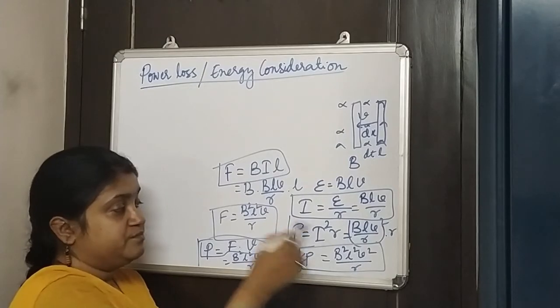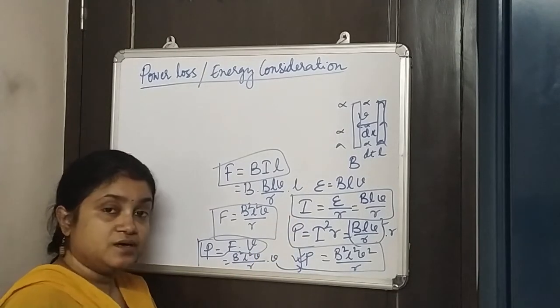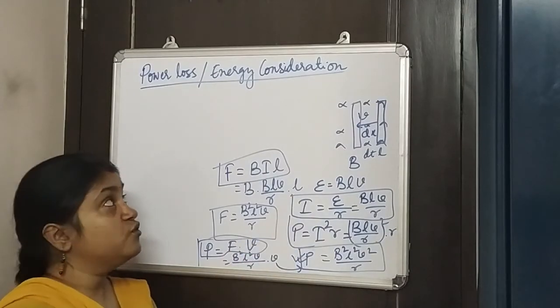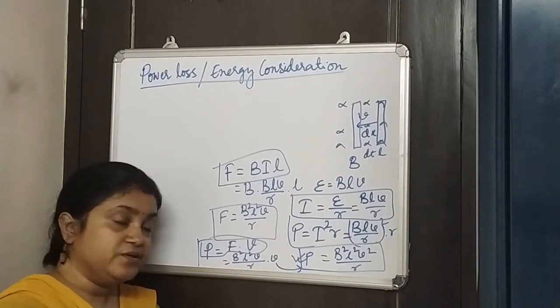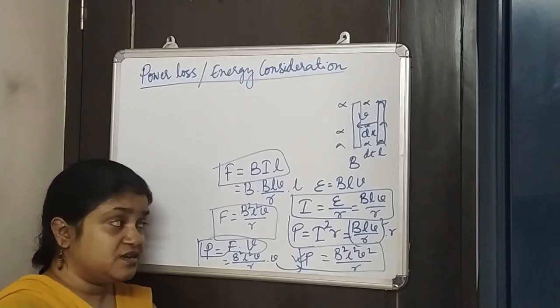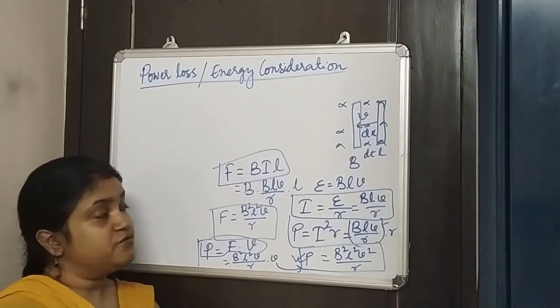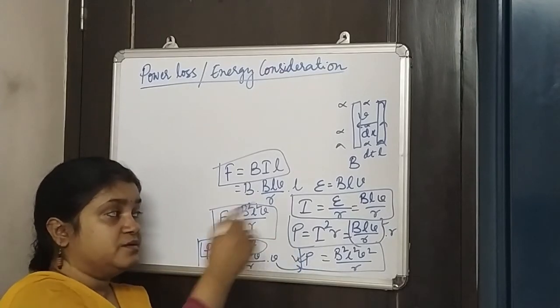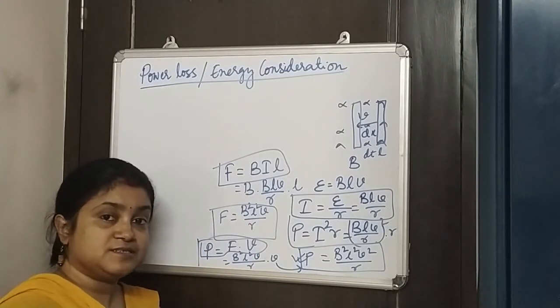The relation for power is P equal to I square R. This is the particular case for motional EMF, and these are very important formulas from the numerical point of view.